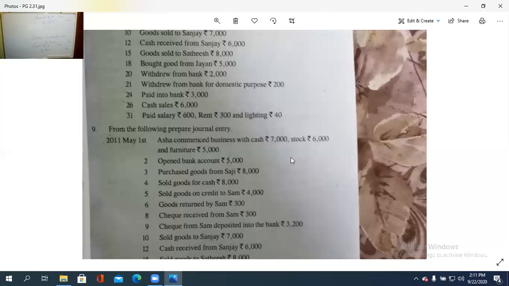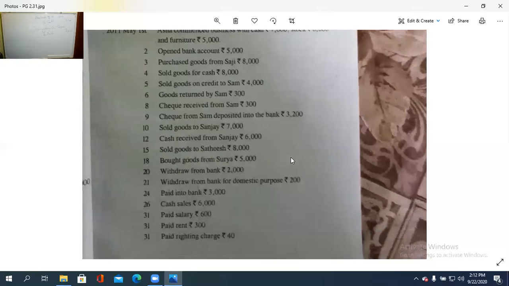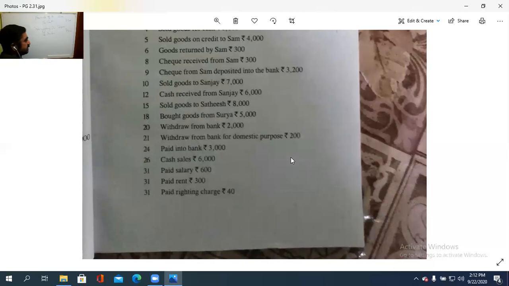Then sold goods to Sanjay 7,000. Sold to Sanjay. So when goods are sold, Sanjay debit to sales. How much is it? 7,000. Then cash received from Sanjay 6,000.